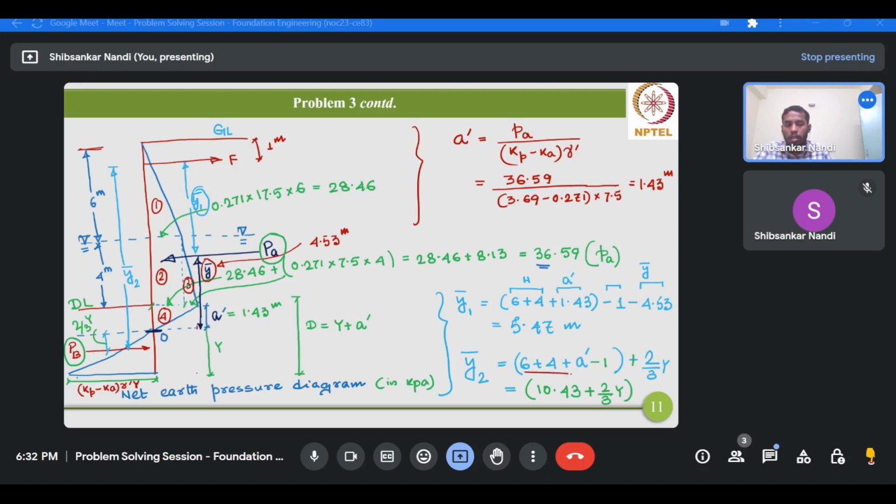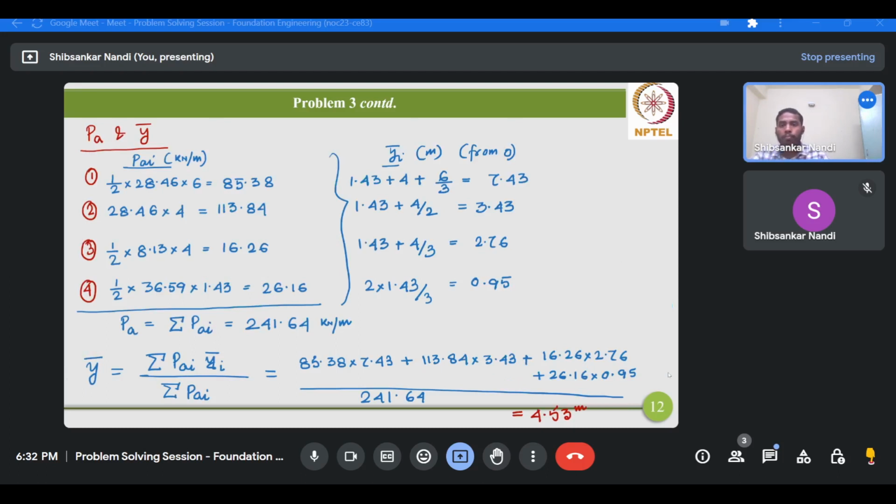But we have to calculate it from the anchor level, so we have deducted the anchor level location from the ground level, which is 1 meter for this problem, and then added the CG of this triangular distribution from its apex, that is 2/3 of y, because y is the height of this triangular distribution. Now we have got the lever arms and the respective forces involved in this system.